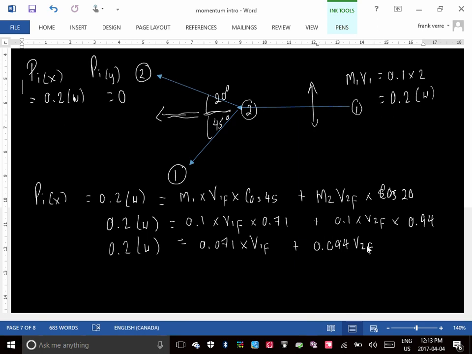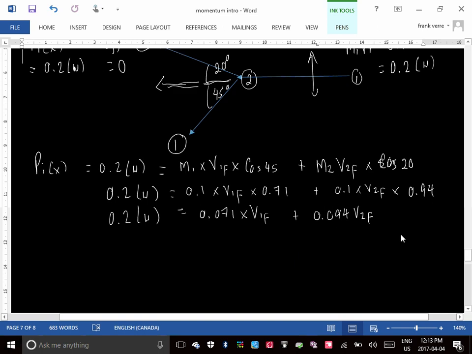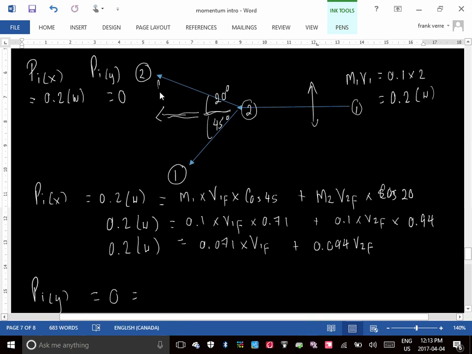Okay? Now, let's look at the vertical. So the vertical initial was 0, right? Which means we have a momentum we can see acting, we'll say up. It's not really up, but we'll just say up on the screen from ball 2, and we have one component acting down from ball 1. But those two have to add up to what? 0.